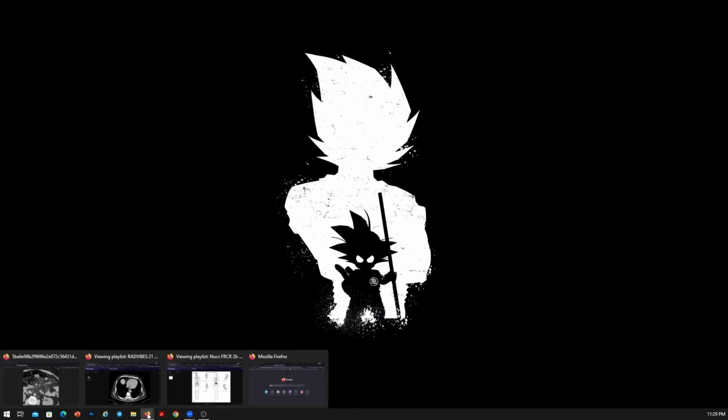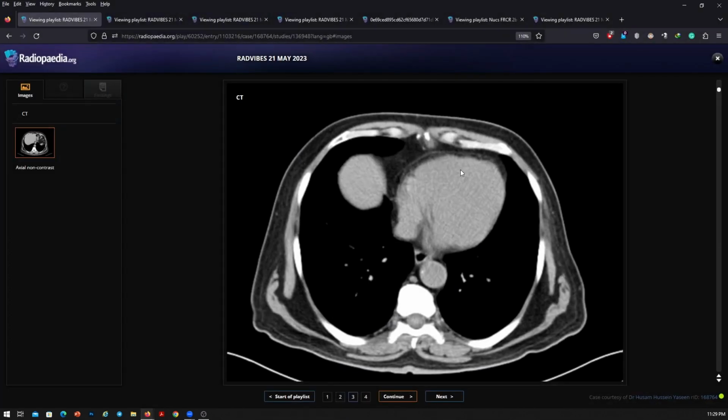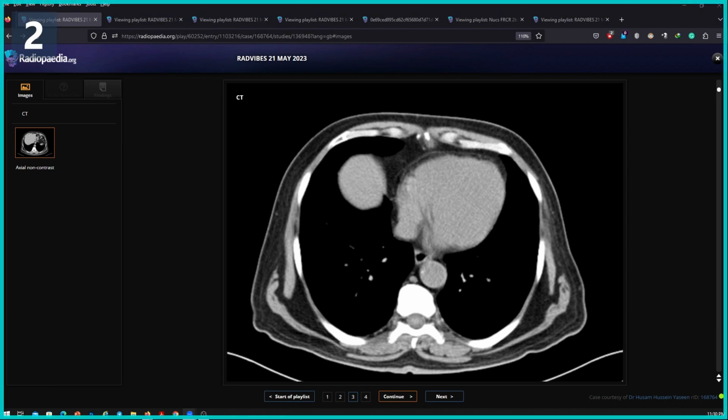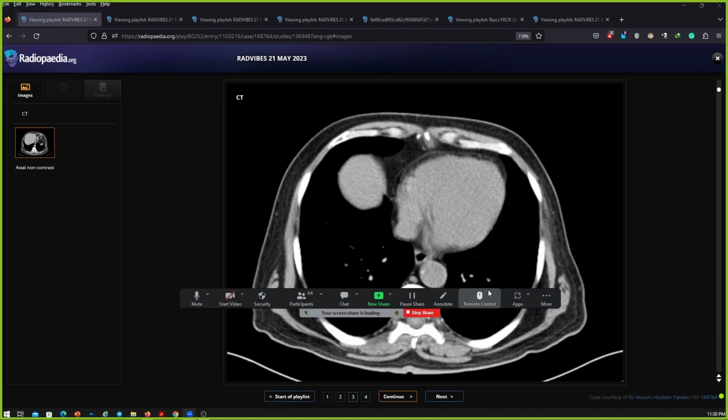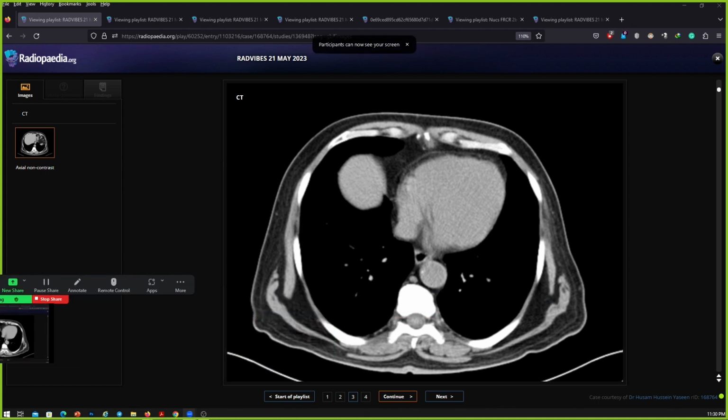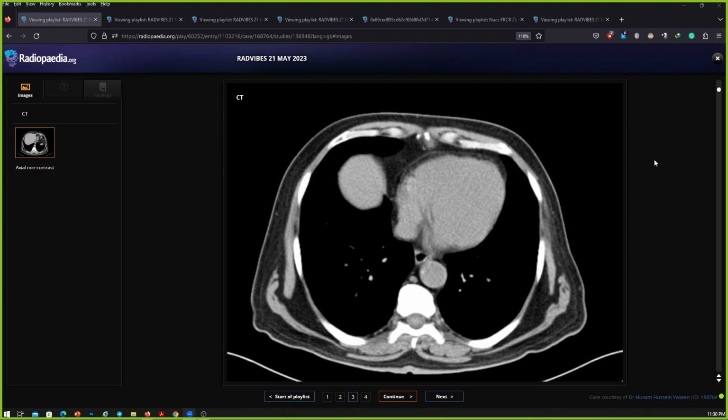So let me see the cases that I have collected, and I hope I am sharing screen too. Can you see an axial CT scan? Yeah. I will just give you the control. Candidate 1, see if you can click to my request and start controlling my screen.